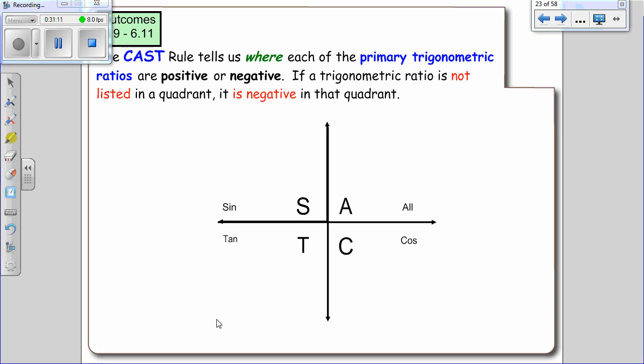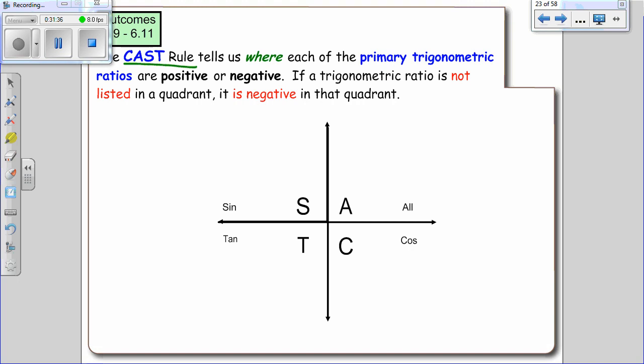I'm going to draw some examples of triangles in here. Then I'm going to teach you something, and then I'm going to teach you some complications. Okay, but I would way rather logic prevail than this thing called the CAST rule. So what we're going to do is draw triangles with reference angles in each of these 4 quadrants.